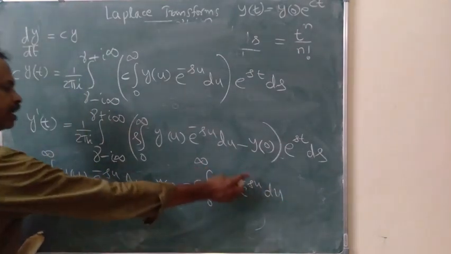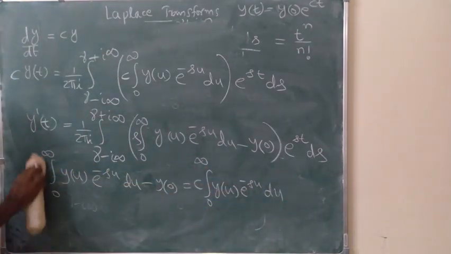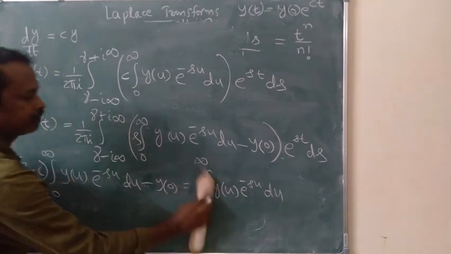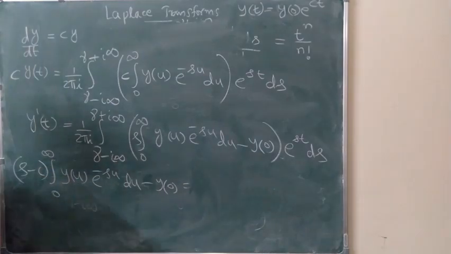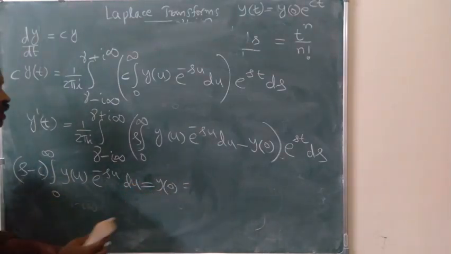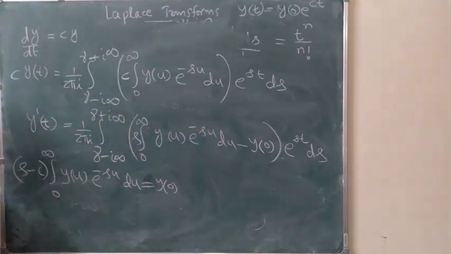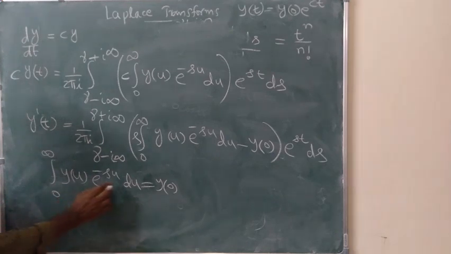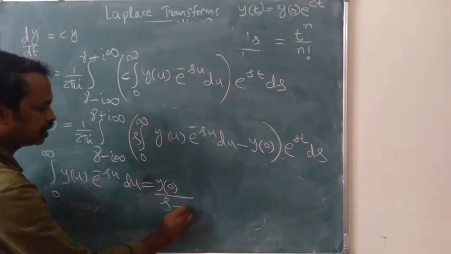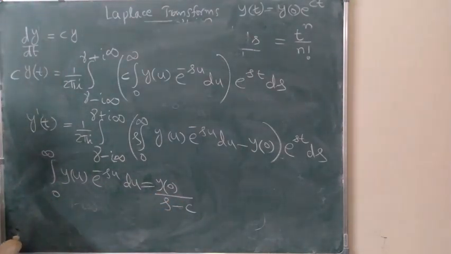Now we can take this term to the LHS so that we will have s minus c here, and we can take minus y of 0 to the RHS. So we will obtain integral 0 to infinity y of u e to the power minus su du as y of 0 by s minus c.